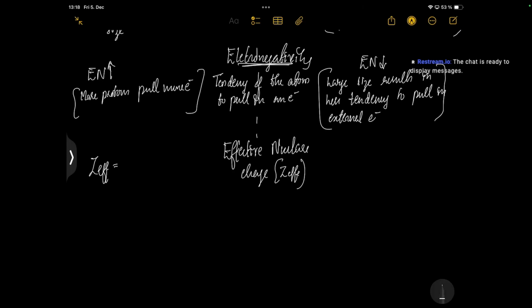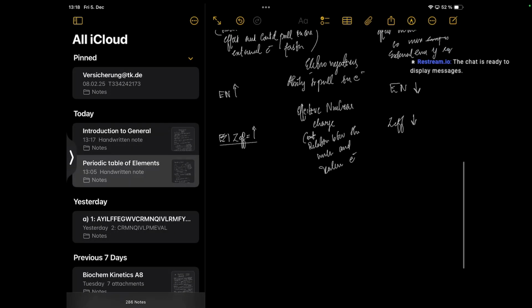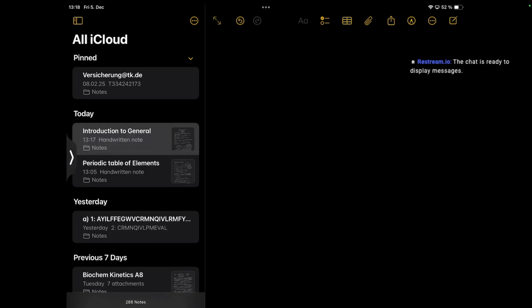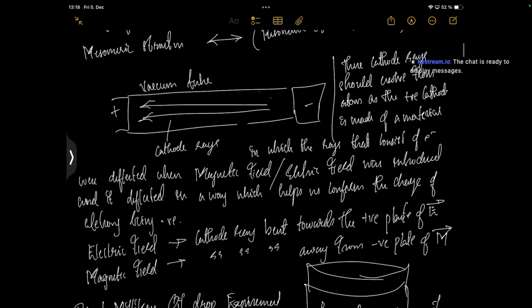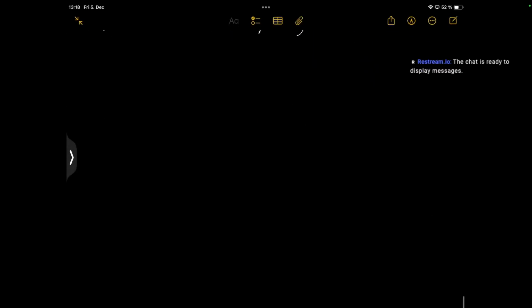Let me just cross check, okay? Yep. So effective nuclear charge is almost similar.